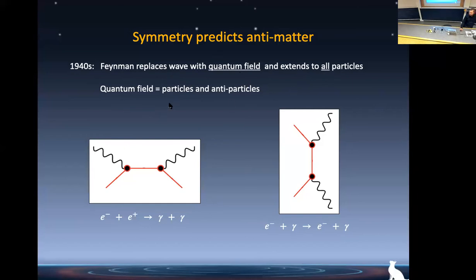The quantum field is a nice mathematical object that takes into account particles and antiparticles in the same calculation. We don't distinguish them in theoretical calculations. And a beautiful example that I have to thank Sasha Krekun for reminding me.